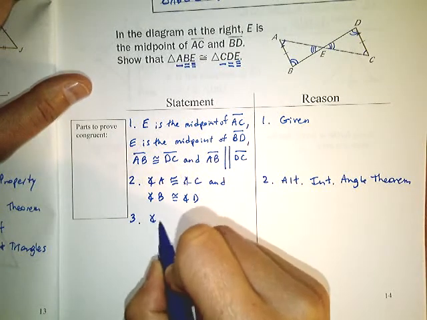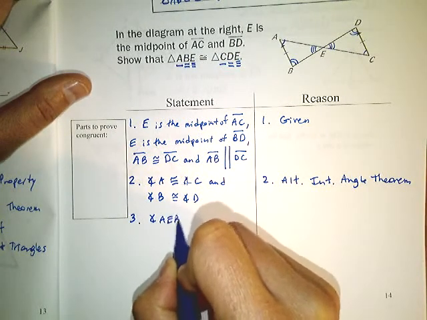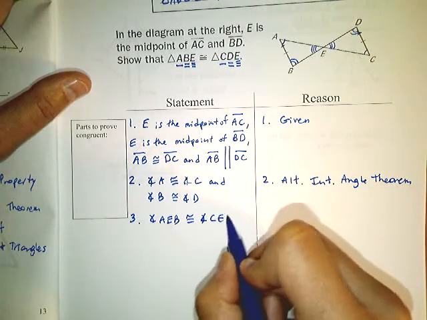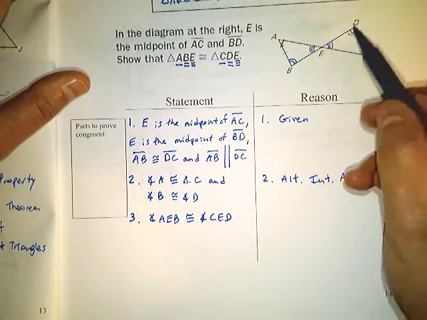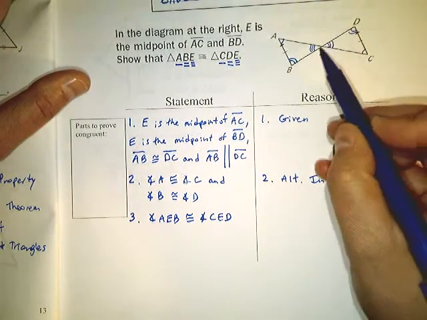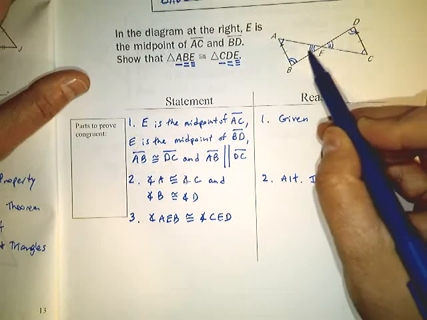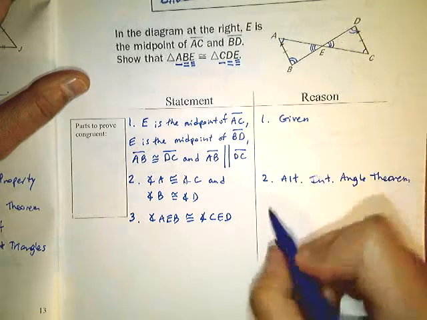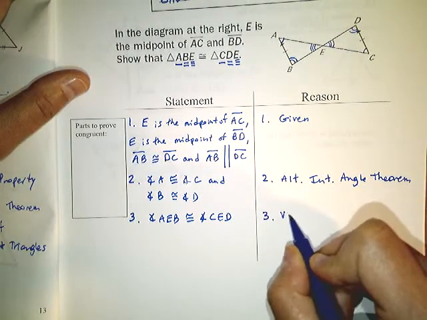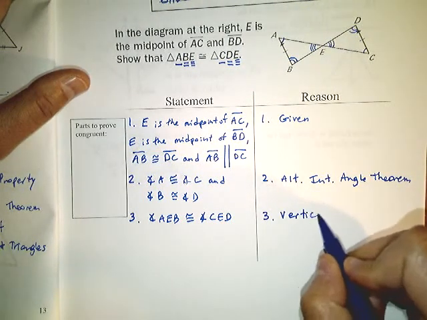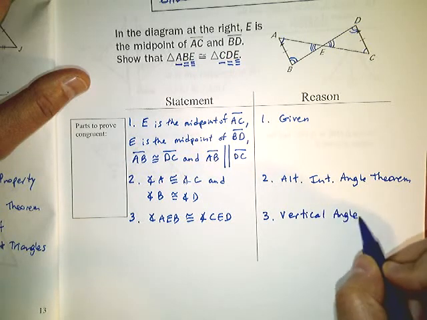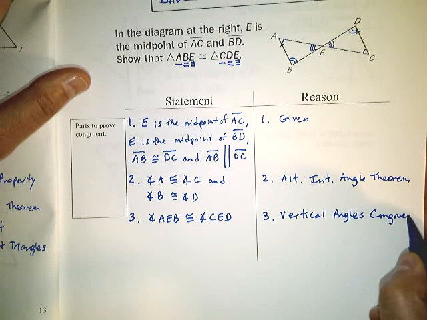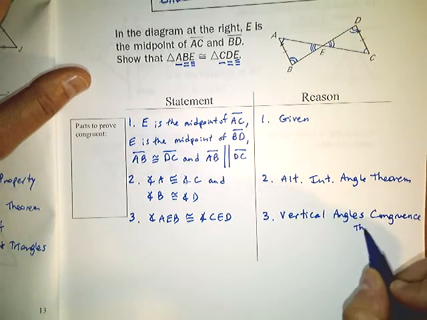So angle AEB is congruent to angle CED, and the reason for that would be because these two lines are crossing each other at that intersection point, and these two angles that I want to state are congruent are exactly across from one another. That theorem would be the vertical angle theorem. Or more formally, the vertical angle congruence theorem.